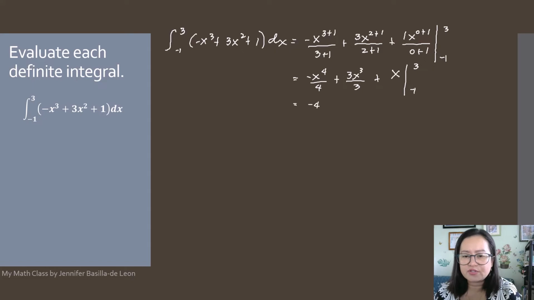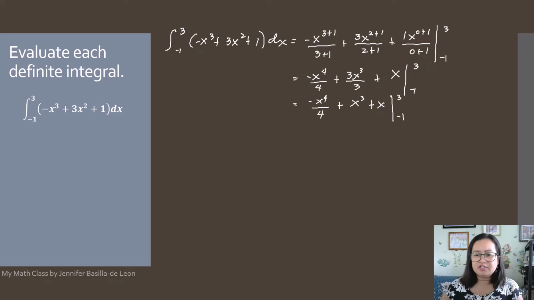Simplifying this further, we shall have negative x raised to the 4th power over 4 plus x cubed plus x evaluated from negative 1 up to 3. Now that we're done determining the antiderivative of the given function, we are ready to evaluate.